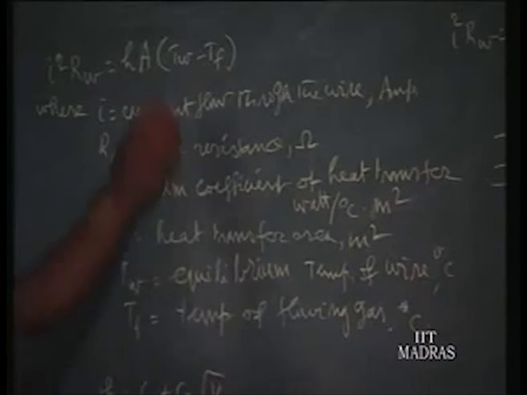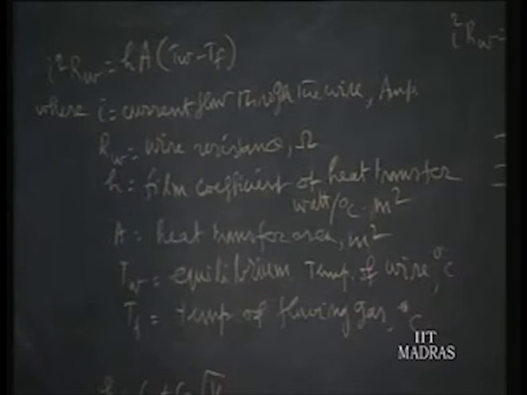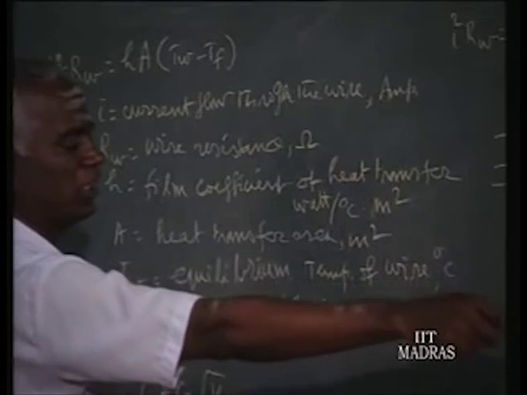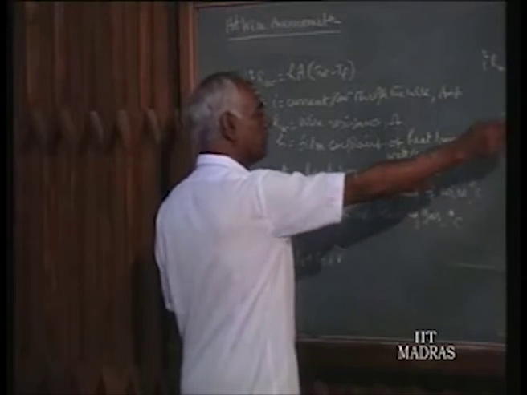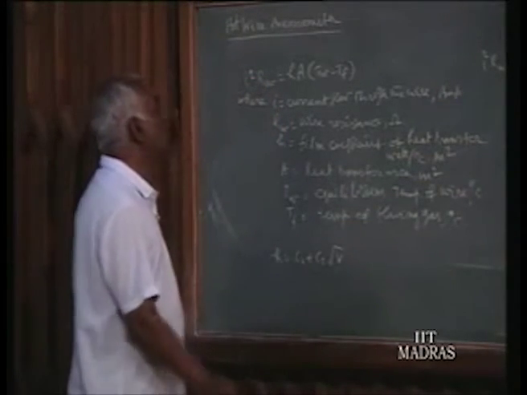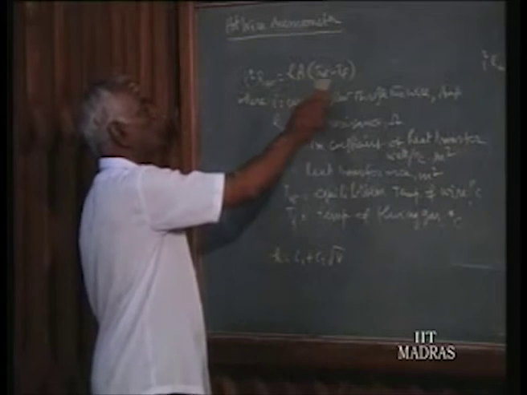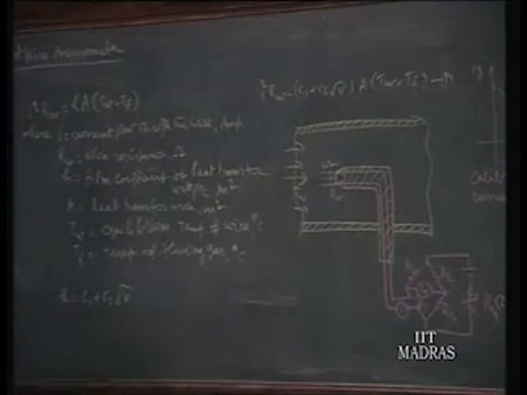So, the wire will be at high temperature. When we switch on the power supply to the bridge network, due to current flow the temperature is raised to a high level, and from there the heat is dissipated to the flowing fluid. This is the governing equation for this.